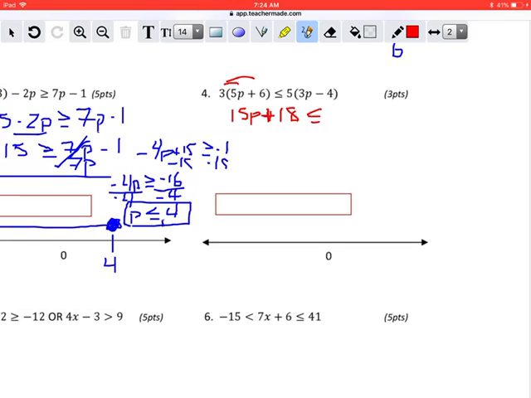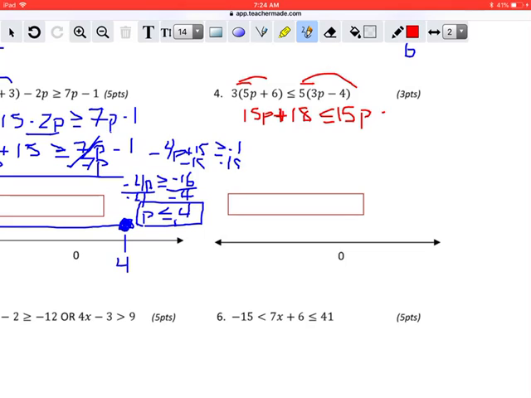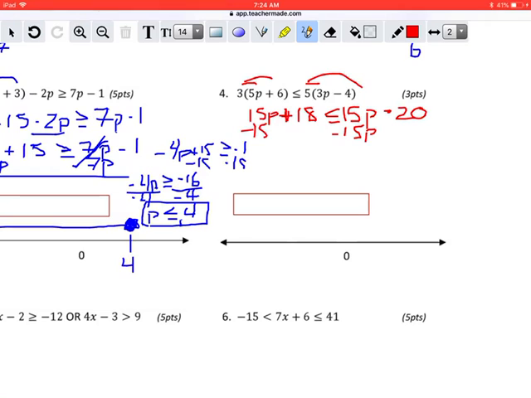Less than or equal to 5 times 3 is 15p. 5 times negative 4 is negative 20. Okay. And so, see what happens when I subtract 15p, they cancel out, which is something we discussed during our notes. So 18 is less than or equal to negative 20.